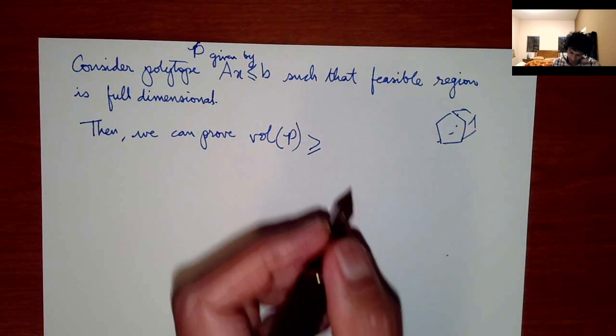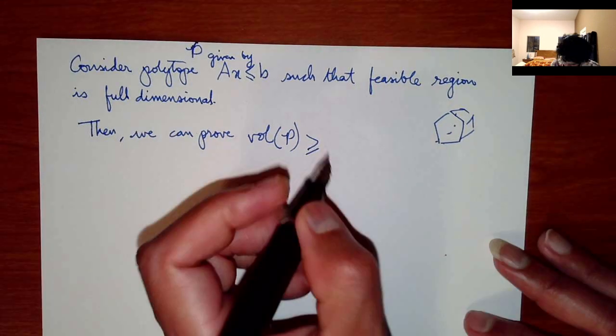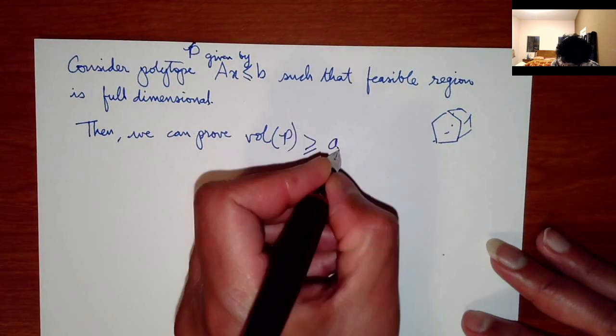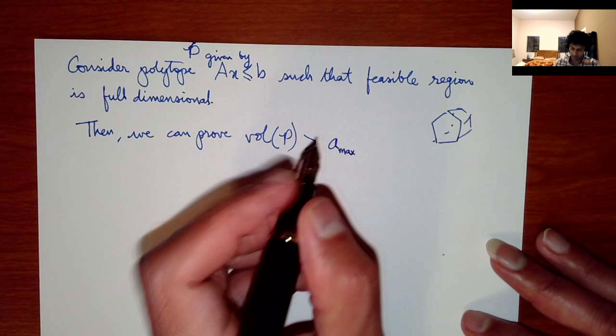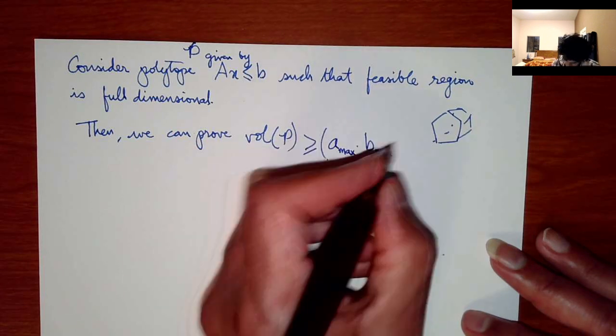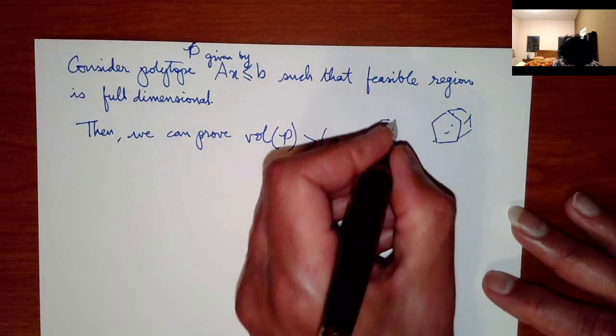okay, so I'm going to write something here and then I'll explain it. I'll say the volume is at least A max times B max to the minus some polynomial in n.